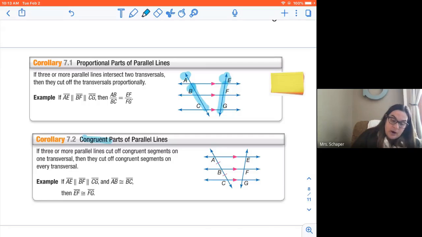With the congruent parts of parallel lines, if these parts are congruent, we can then say that EF and FG are congruent. So one is dealing with proportionality and one is dealing with congruency; understand the difference between them. But when you have parallel lines, their side lengths are going to be proportional. So let's put this to work.